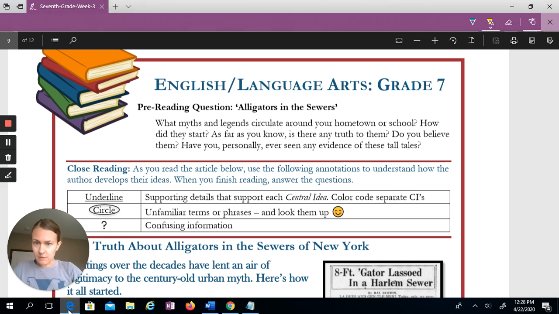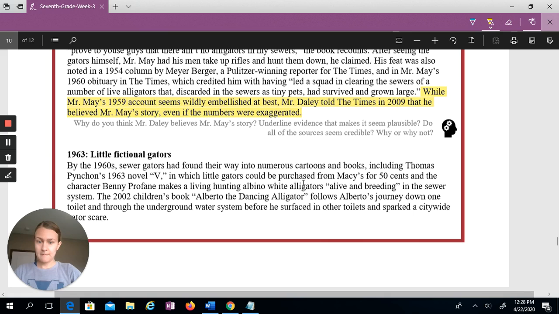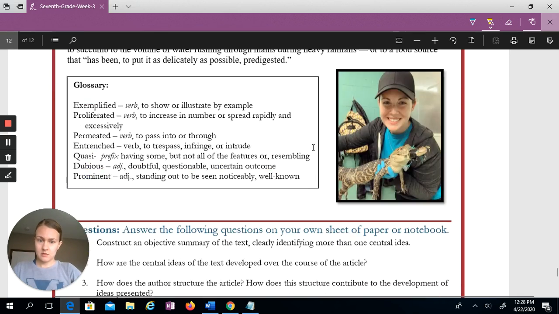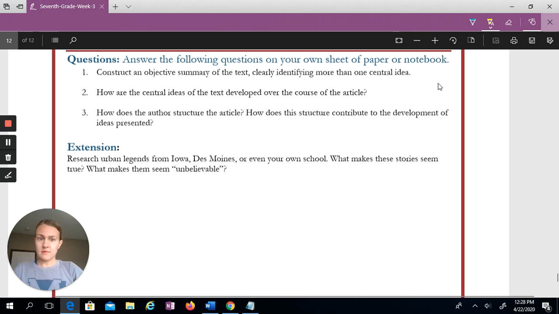So let's go back to our packet now. Go ahead and pause this video if you need to finish the summary or question 1. Okay, now let's look at question number 2. How are the central ideas of the text developed over the course of the article?